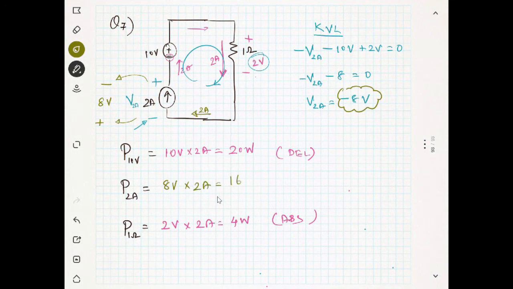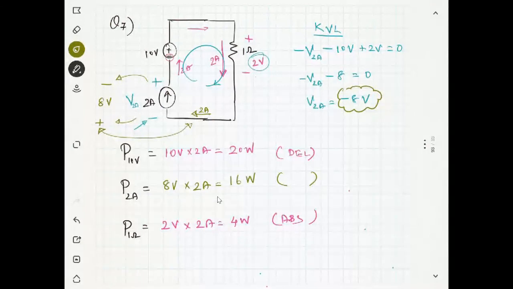It is 16 watts. What is happening here? Is it delivering or absorbing? The current is entering which terminal? The positive. When the current enters the positive terminal, is it absorbing or delivering? Absorbing. It is absorbing. Okay, is that clear?